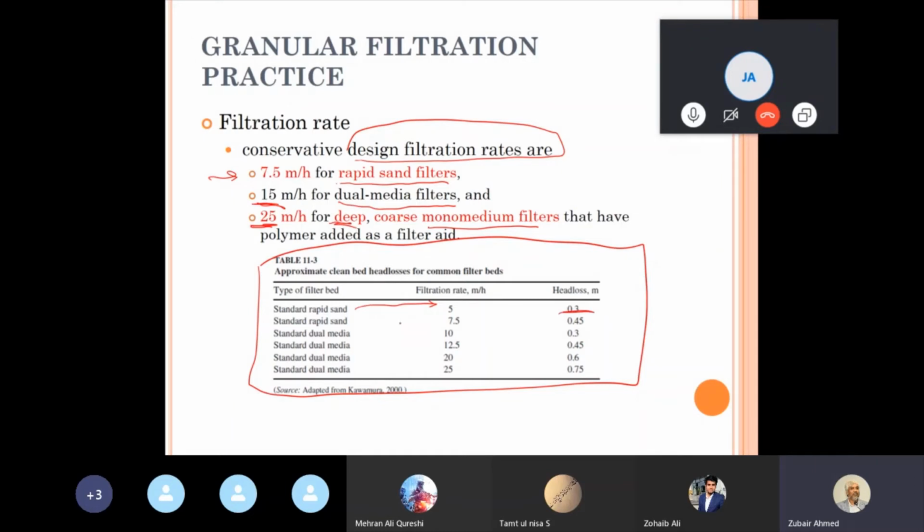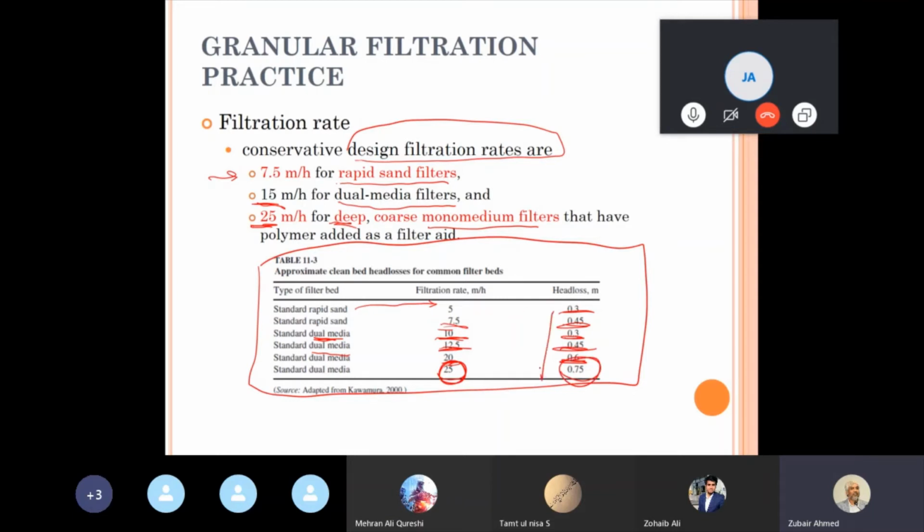0.3, we can go up to 5 or 7.5 if we can accommodate head loss 4.5, then 7.5 meter per hour, or even 10 if we have standard dual media with the head loss of 0.3 meter, and then dual media 12.5 with the head loss 0.45, and dual media 20 if we can manage the head loss 0.6 meter, or dual media 25 if we can handle 0.75 meter of head loss.